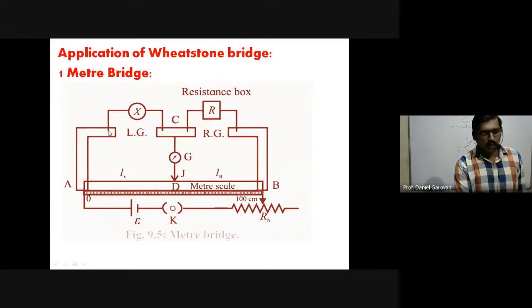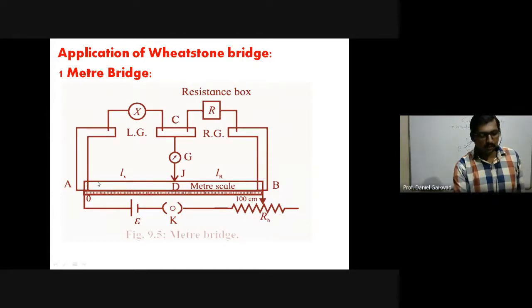Between metal strip A and metal strip C there is a gap that is called the left gap, and in the left gap we connect the resistance X. That resistance is the unknown resistance X. Similarly, between strip C and strip B we again have a right gap, and that right gap is connected with the resistance capital R. That capital R is nothing but the resistance box. So this will be the particular connection.